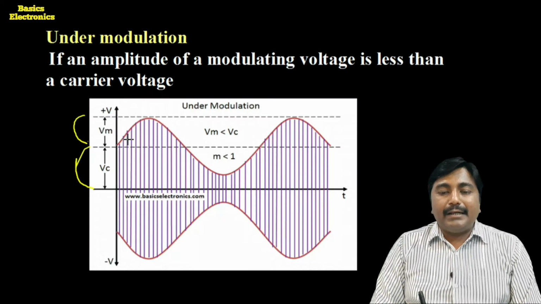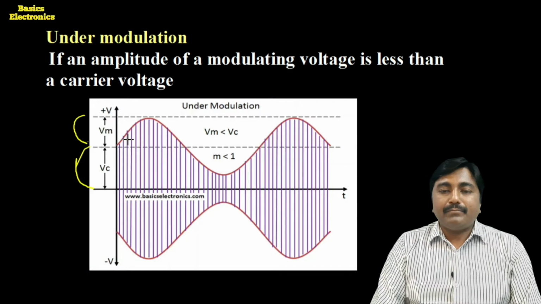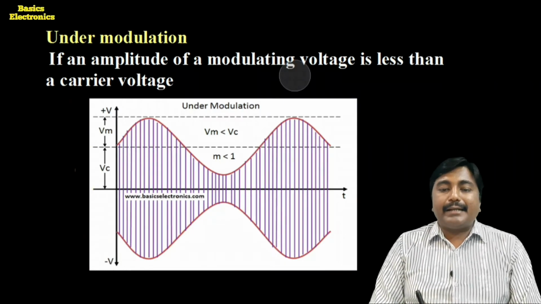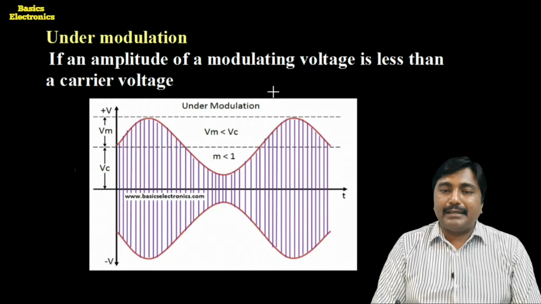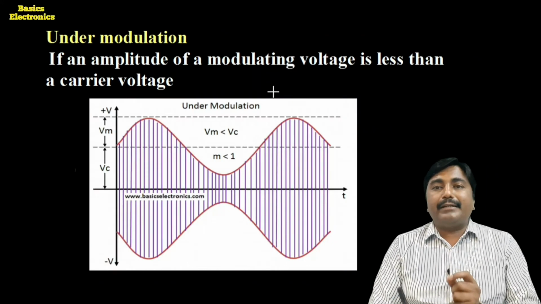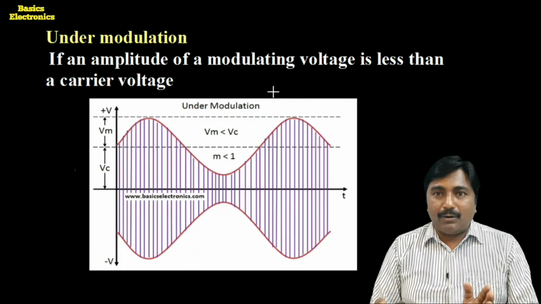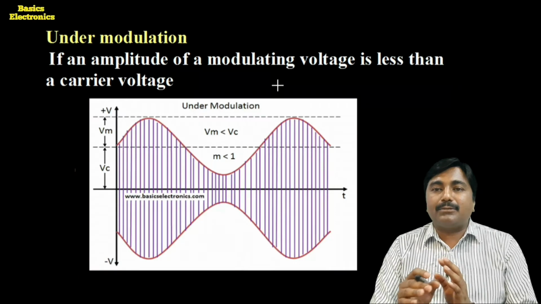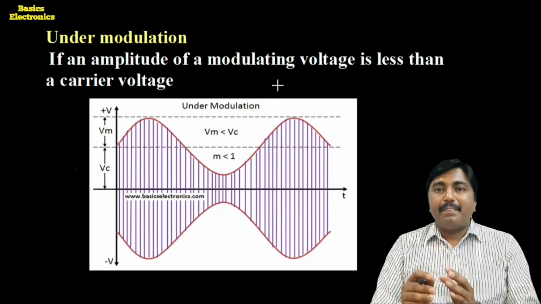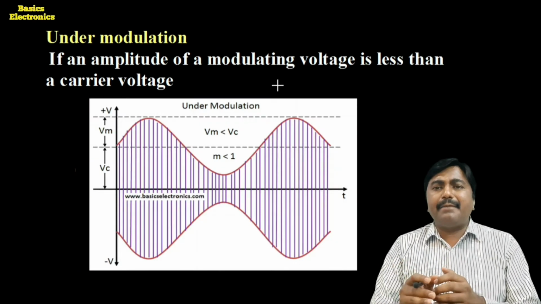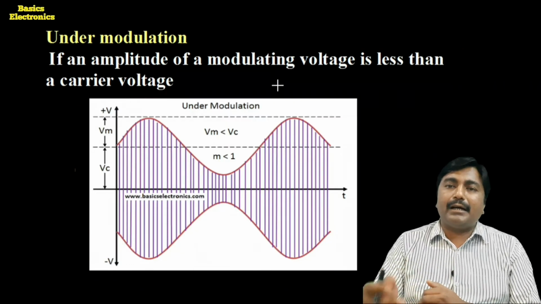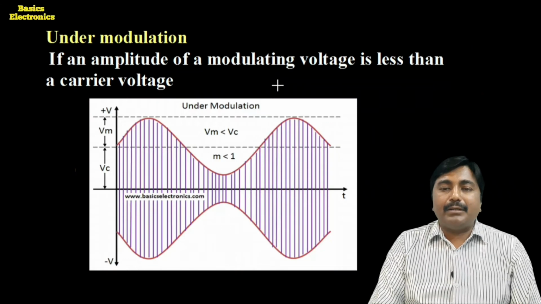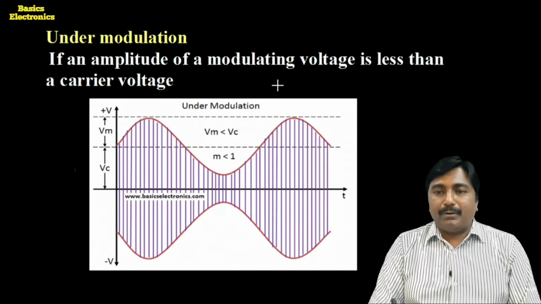When we do under modulation, the percentage of modulation is less. The transmitted signal has less strength, but there is no distorted output. Distorted output means some part of the output is not available, or there may be interference of another signal. So when we do the modulation, that modulation is perfect.